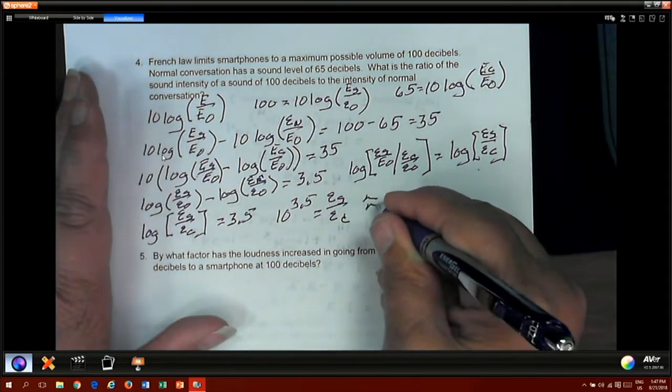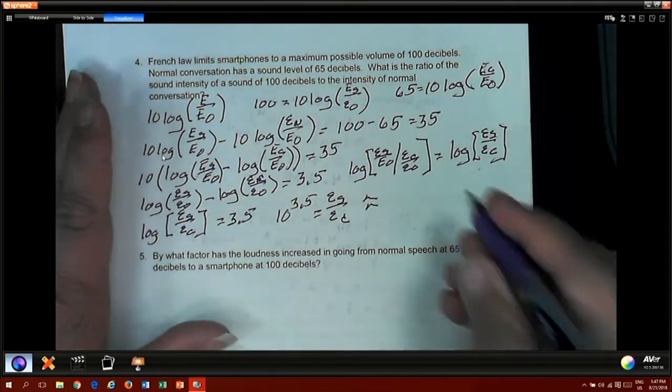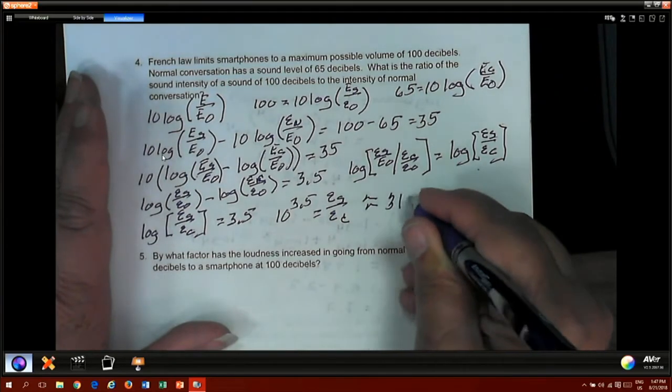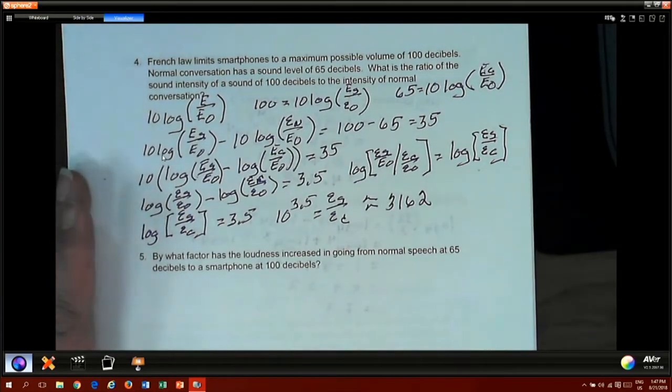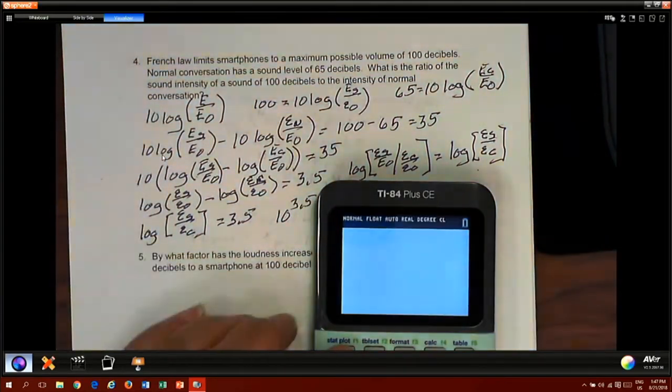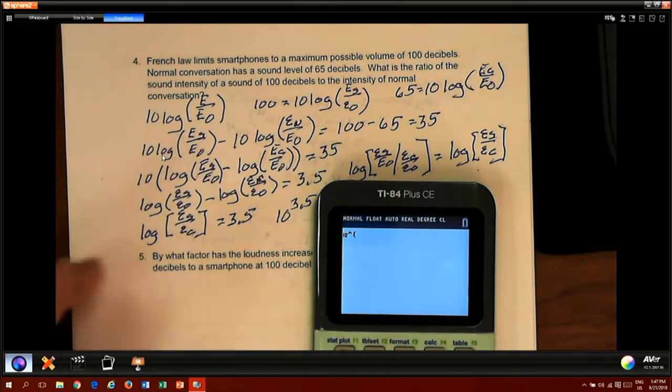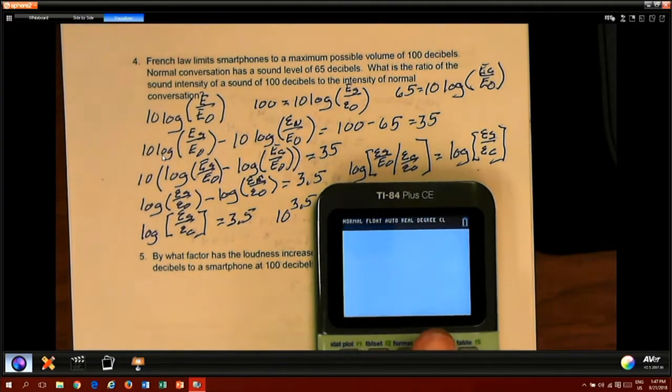And that's approximately 3,162. We do 10 to the 3.5, we get 3,162.27766.